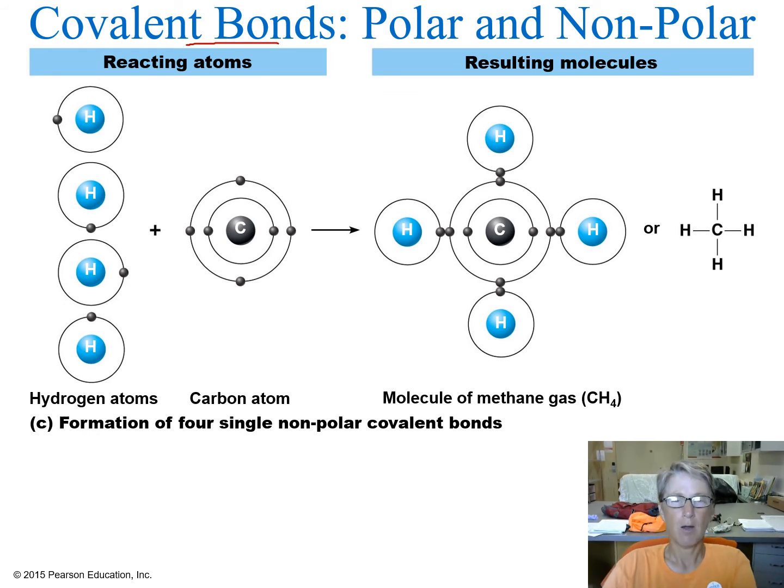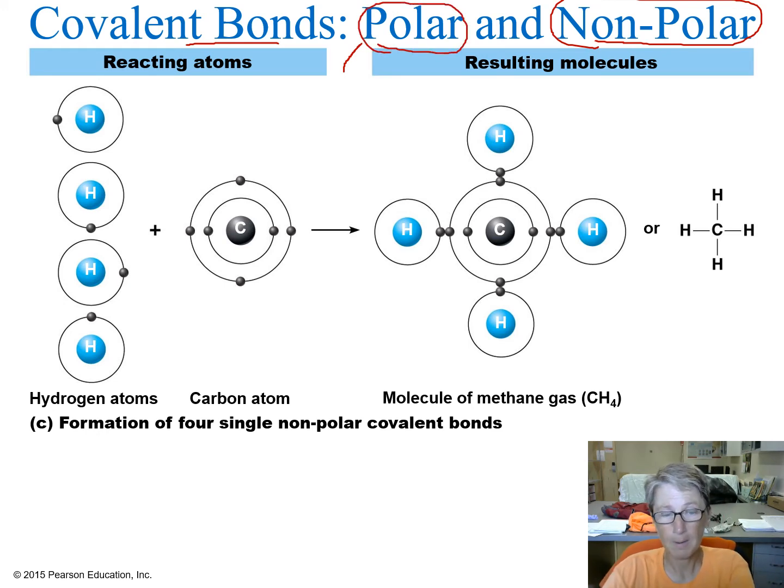If you share equally, you share your electrons, not your M&Ms, but if you share your electrons equally, then you are a non-polar covalent bond. If you share your electrons unequally, then what results is a polar covalent bond.